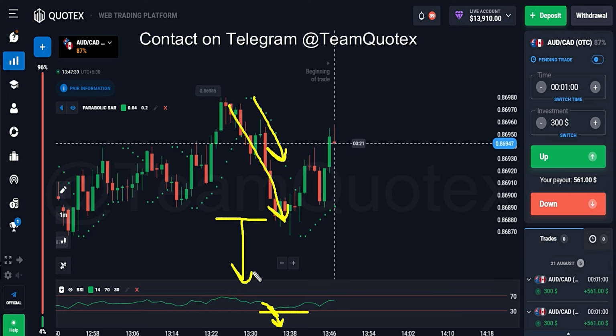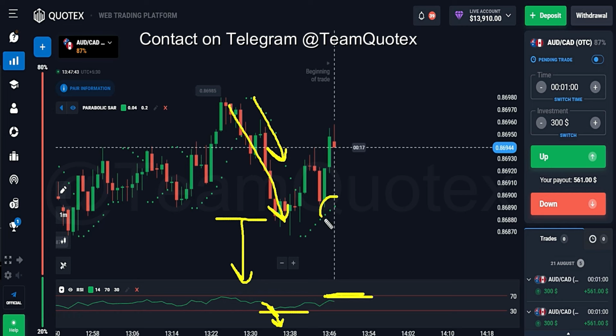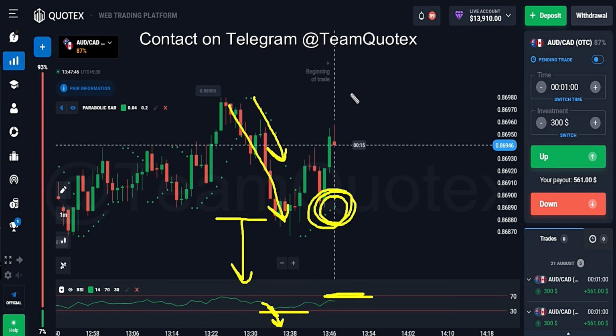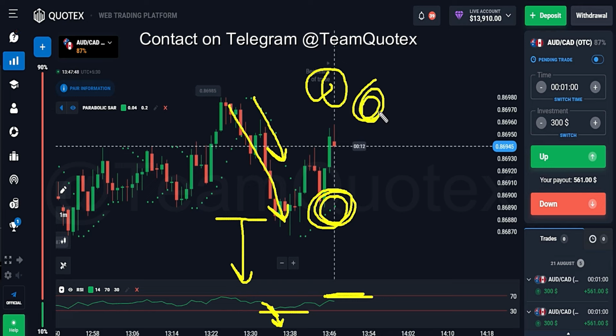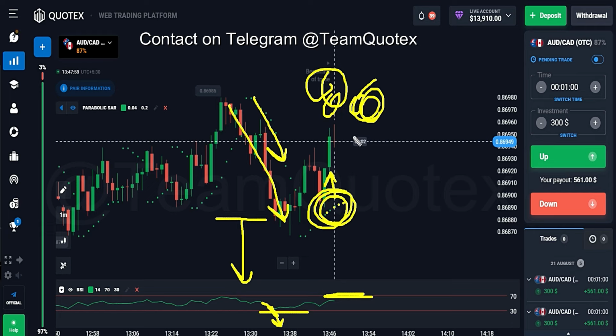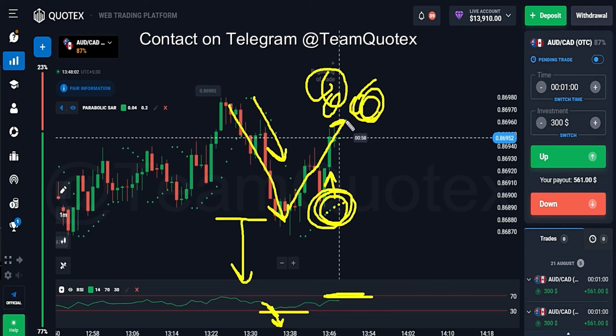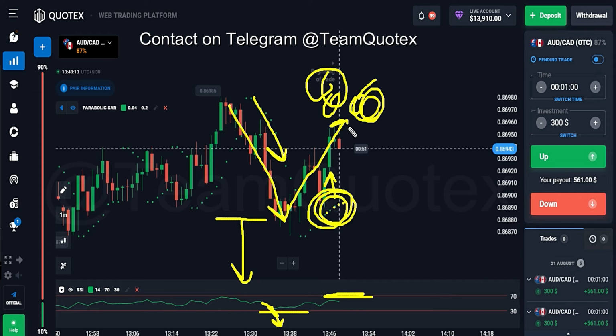Now what will happen if RSI is nearby 70 and your parabolic is shifting from down to up of the price? You can see this is your parabolic, the position of parabolic is below the price, and let's suppose parabolic shifted from below to above. That means it's also indicating that this trend is going to reverse, and at these points we will not trade in up direction.